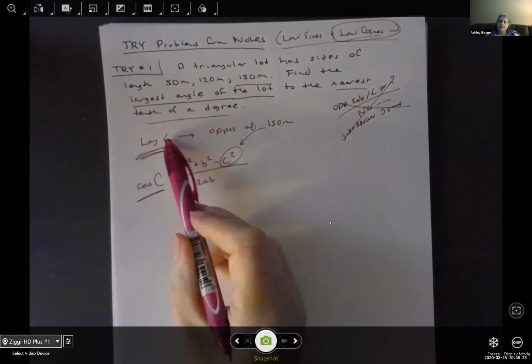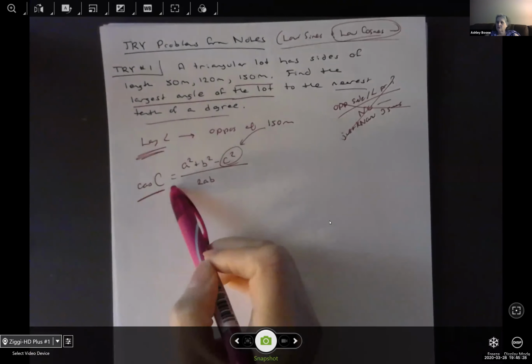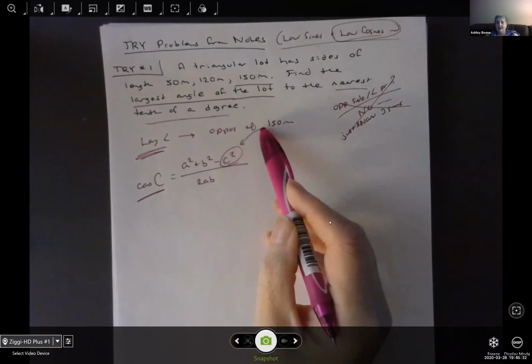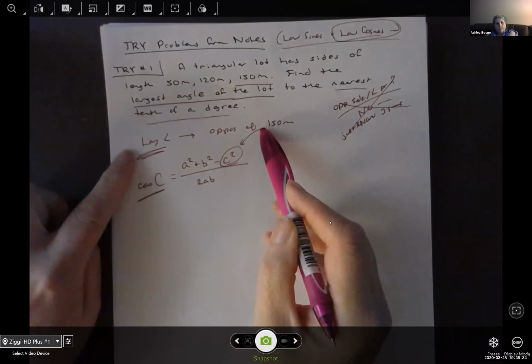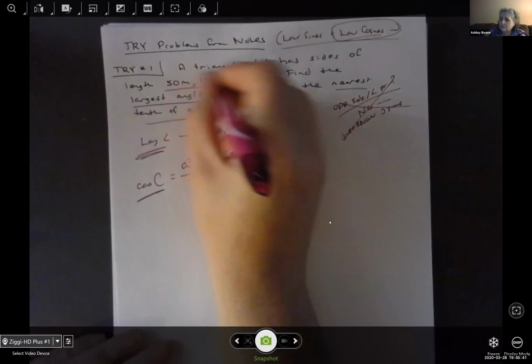We're looking for this angle. So the cosine of this angle is going to be equal to the side squared that's being subtracted, which is the side that's opposite the angle we're looking for. So that means the other 2 measurements are my A and B. The order really doesn't matter, okay?